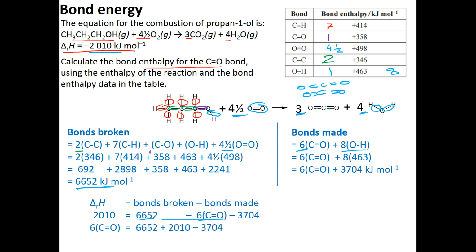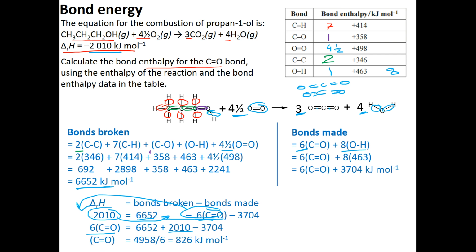Now what I've just simply done is I've taken this and moved it to the left-hand side of the equation, and I've taken my delta RH and moved it to the right-hand side of the equation. And that's why you can see the 2010 now being positive, because it was negative on the left, so it's positive on the right. And my 6 C double bond O was negative on the left, and it is positive on the right.